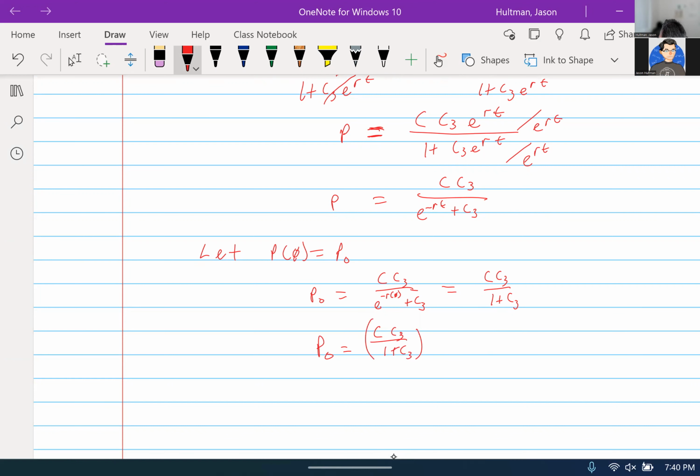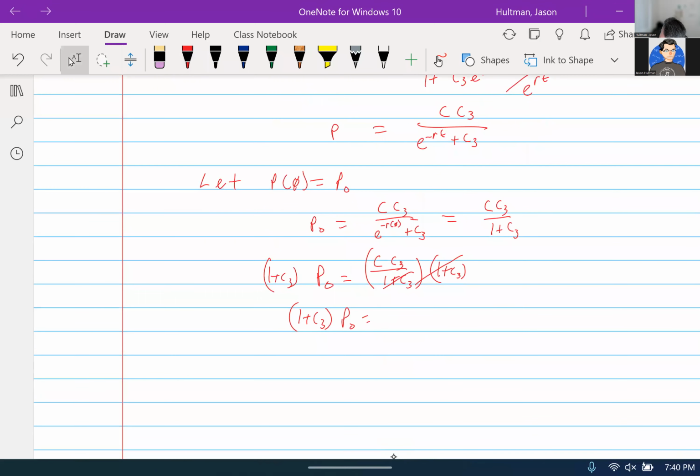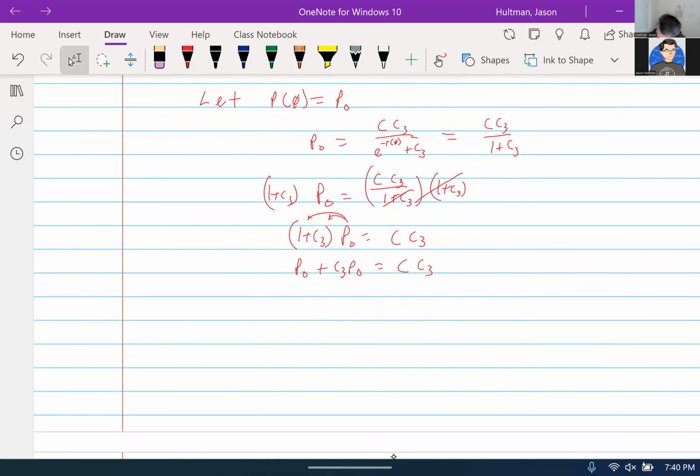Let's multiply by 1 plus C3, and we get 1 plus C3 times P naught is equal to C C3. Okay, good. Distribute the P naught, we get P naught plus C3 P naught is equal to C C3. Okay, good. I like where this is going.